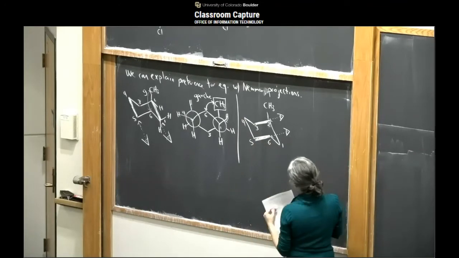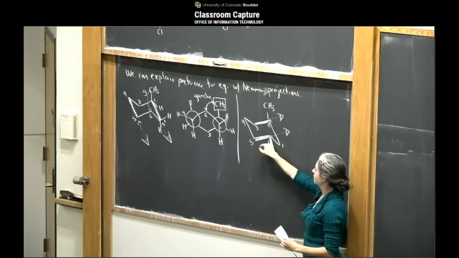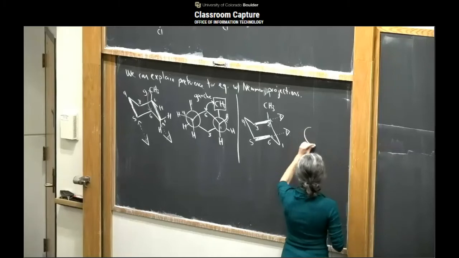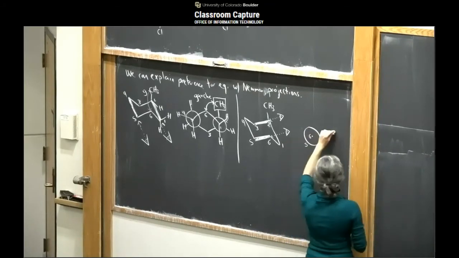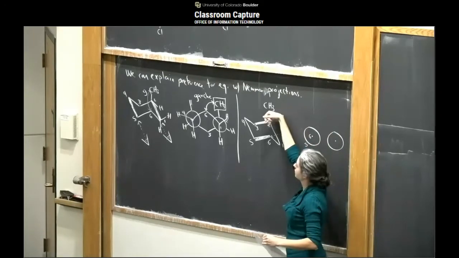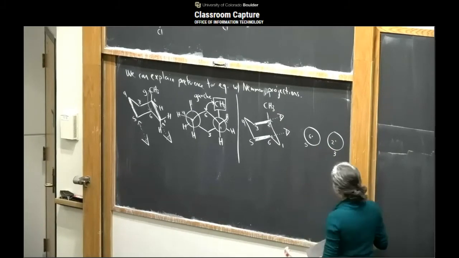So now my left eyeball is looking down the 6 to 5 bond, if you guys can see that. So 6 in front, 5 in back. And my right eyeball is looking down from 2 to 3. So 2 in front, 3 in back.